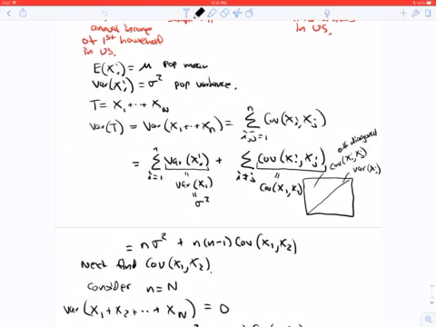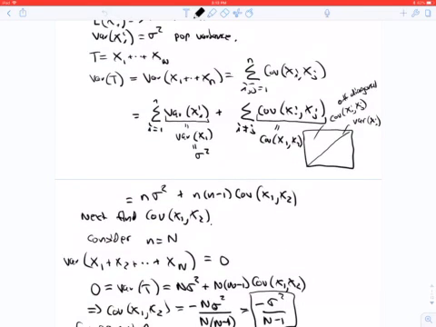So covariance of X1, X2 is the same as covariance of X2, X1. So in fact there are n squared minus n of those, and they're all the same as covariance of X1, X2. And similarly, all the different variance terms are all the same as variance of X1. So in fact, the variance of T is just n times sigma squared plus n squared minus n times covariance of X1, X2.